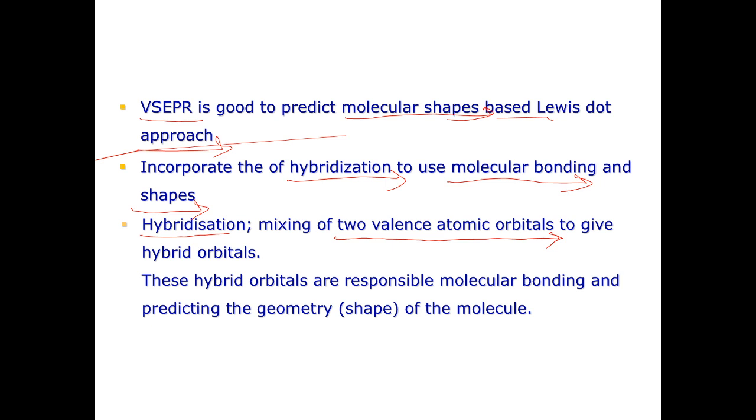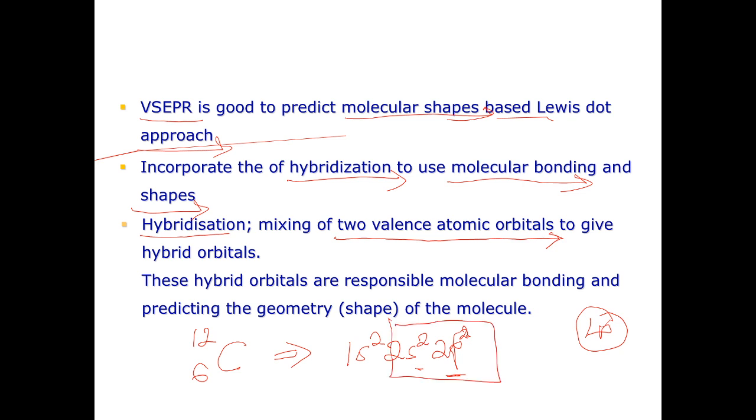To explain this further, let's take carbon, for example. Drawing the electronic configuration of carbon, you have 1s2, 2s2, and 2p2. When you talk about valence electrons, carbon has 4 valence electrons because it's in group 4. So the valence electrons are in the 2s and the 2p, making these two the valence atomic orbitals.